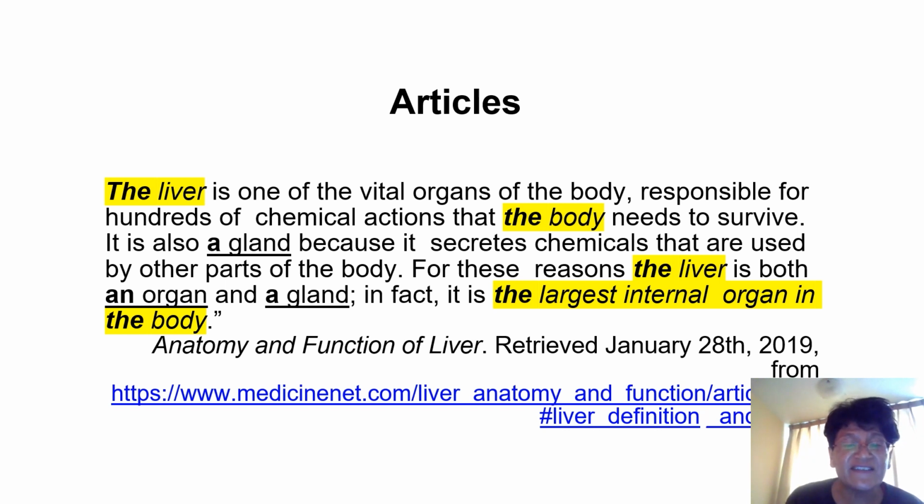The articles a and an, such as an organ and a gland, make the noun indefinite in the sense that it is an organ or a gland among many other organs or glands in the body.